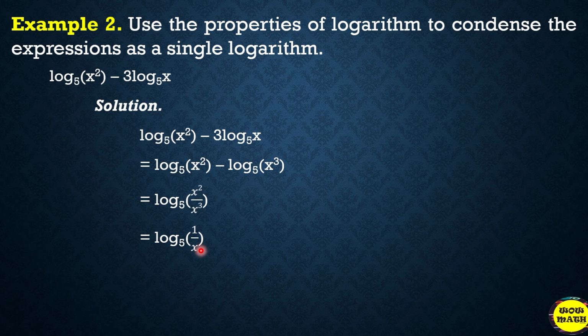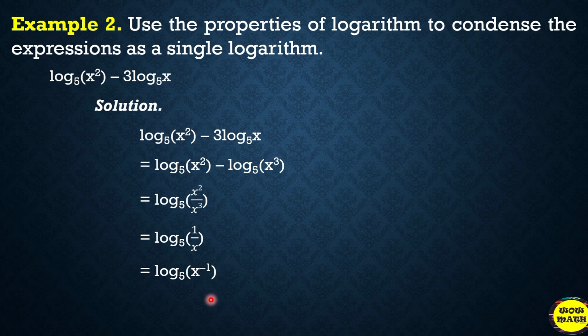Bakit nandito yung x sa baba? Dahil mas mataas yung exponent natin sa denominator. So logarithm of 1 over x with base 5. 1 over x can be expressed as x raised to negative 1. Okay, kasi x raised to negative 1, pag kinuha natin yung reciprocal nito, that is 1 over x. So we can express 1 over x as x raised to negative 1.